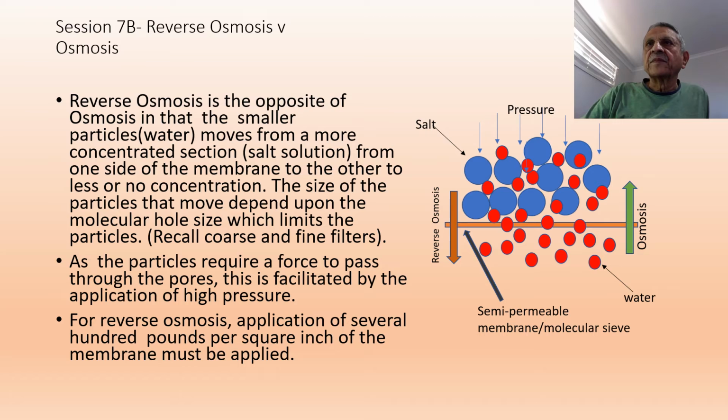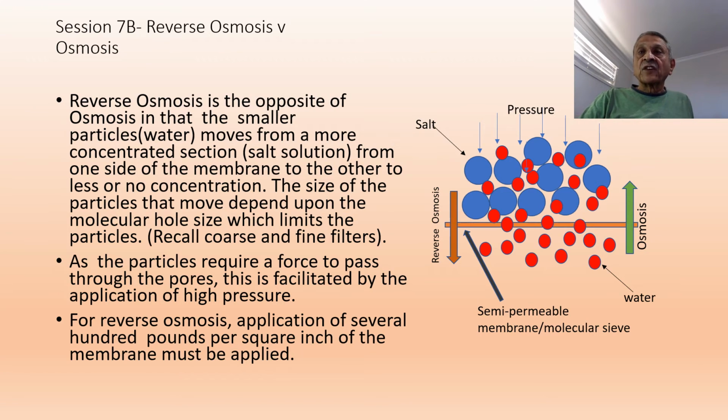In the diagram, let us assume that you are using a normal filter, and the big blue dots are particles and the small red dots are water, and the brown line is a filter paper. So as you pour the water and the sediments, only the water flows through and retains the solids.